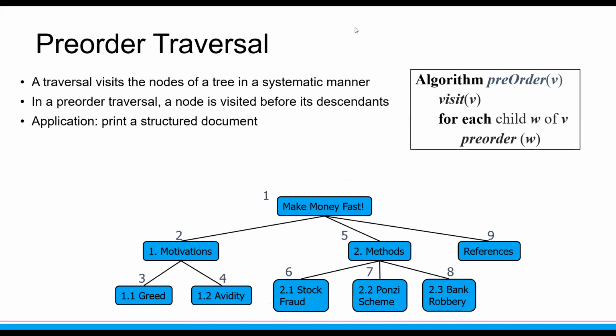There is one concept about pre-order traversal. The pre-order traversal means it is a traversal, so it is a traveling. So just think that we are going to travel. How to travel? We are going to travel for every node, and we will visit the nodes of a tree in a systematic manner.